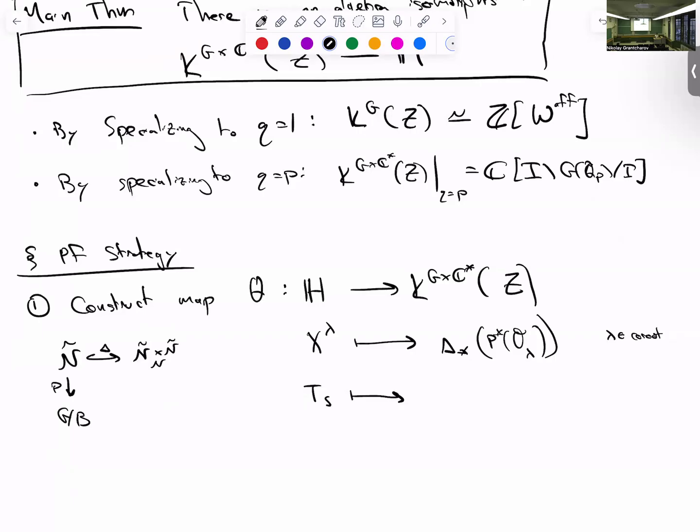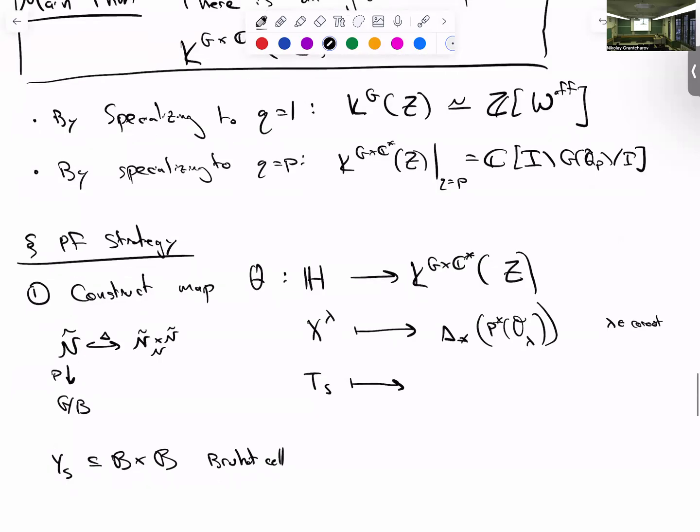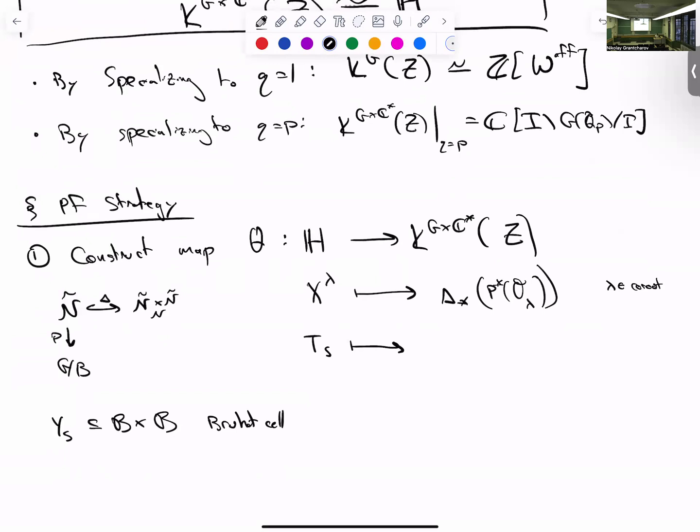And then we can sort of double this and instead look at the B orbits inside G mod B cross G mod B. Take the cell corresponding to the simple reflection S. And then we can take the co-normal, which is some Lagrangian.